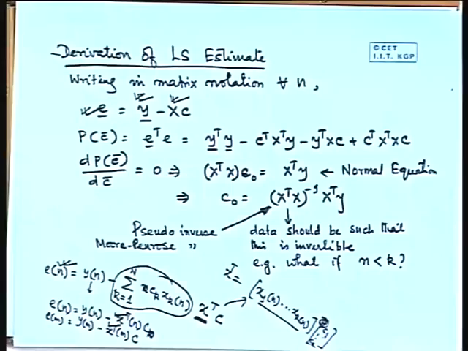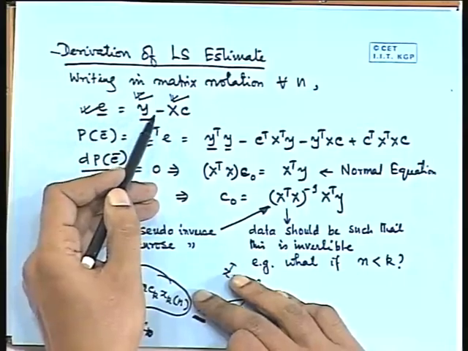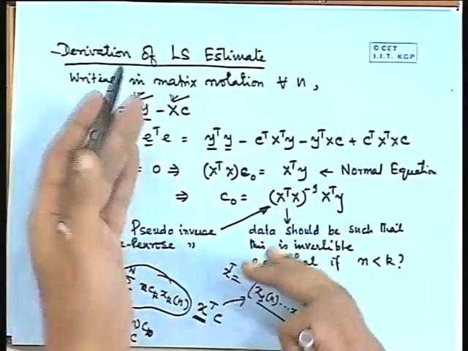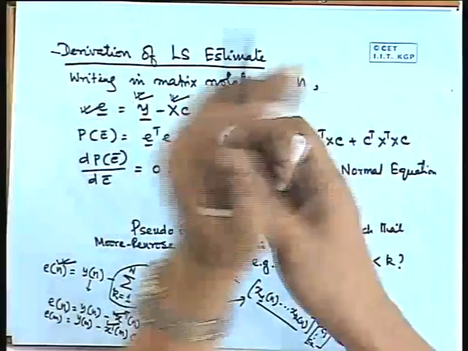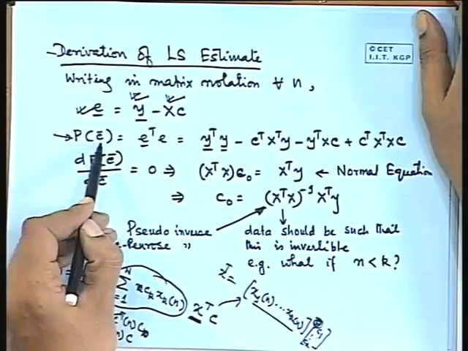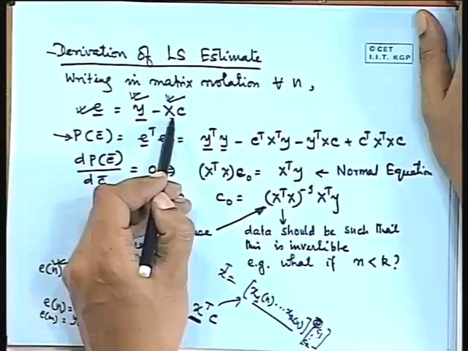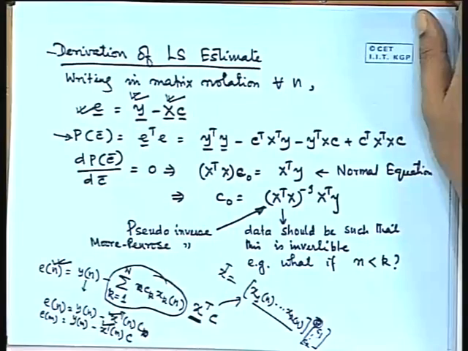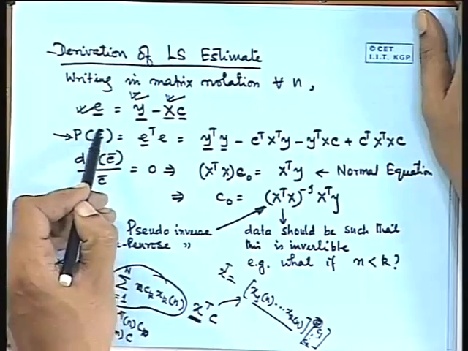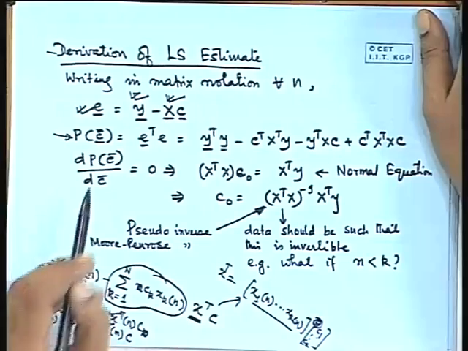So I have written this vector-matrix equation directly. This looks absolutely like the previous thing. There also we wrote the same equation because we were using the same error equation. Incidentally, now this X is a matrix and C is a vector. This should not be over bar, it should be under bar.